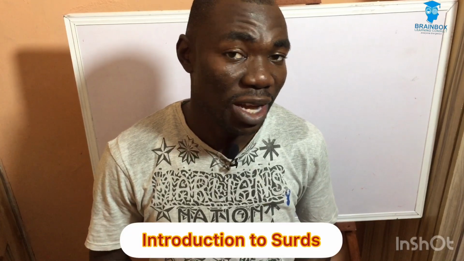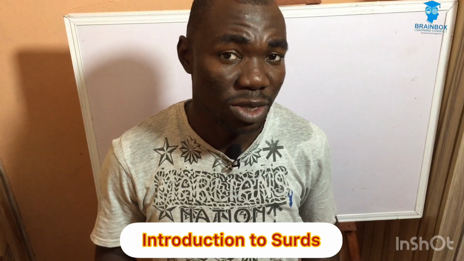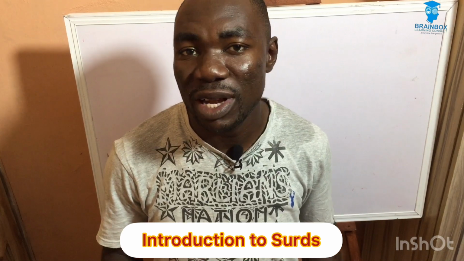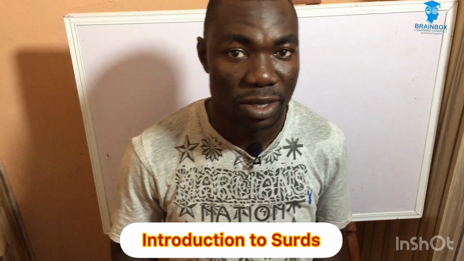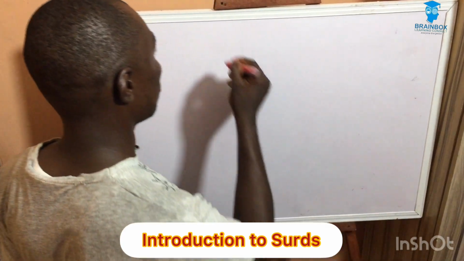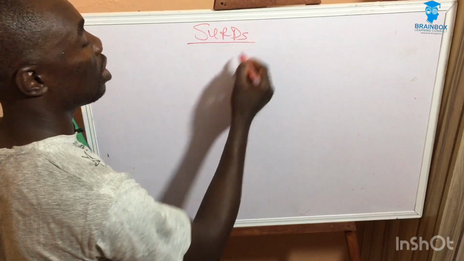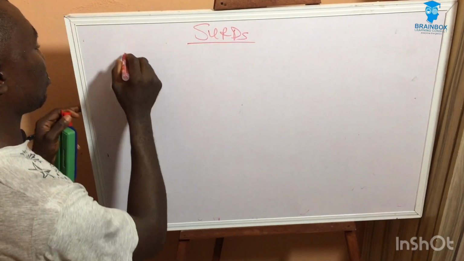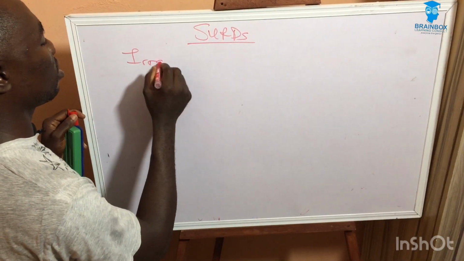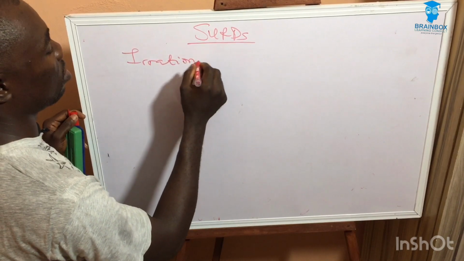Today we'll be talking about an interesting topic, which is called surds. Many of you might have heard of surds. And what are surds? Surds are actually irrational numbers.